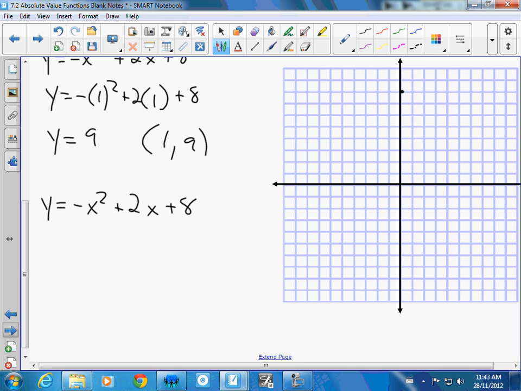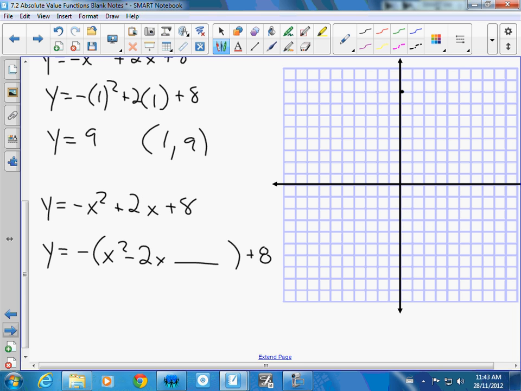Take out the negative. Very good. y equals negative, we're taking that out, so x squared minus 2x. Now hang on. Does the 8 change at all? Am I taking the 8 out of here or putting it way outside the bracket? Putting it way out there so it doesn't change.